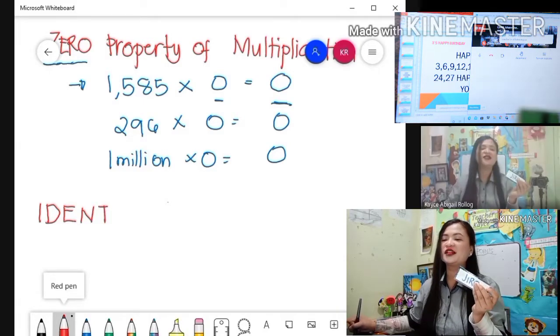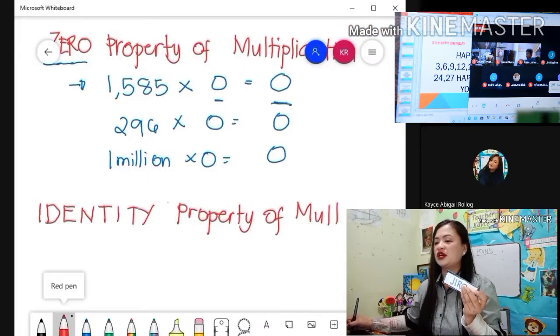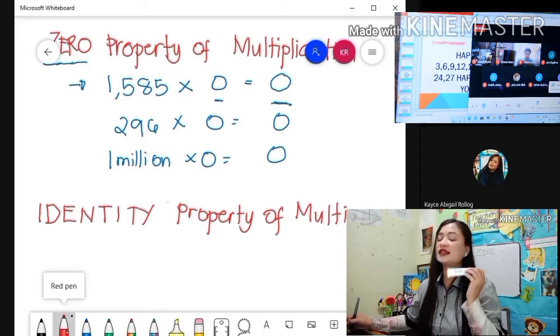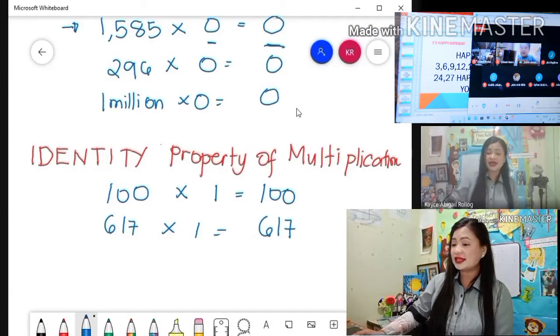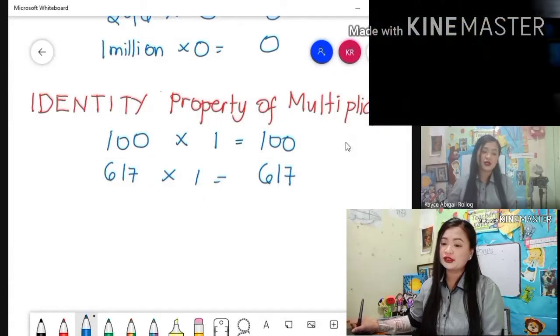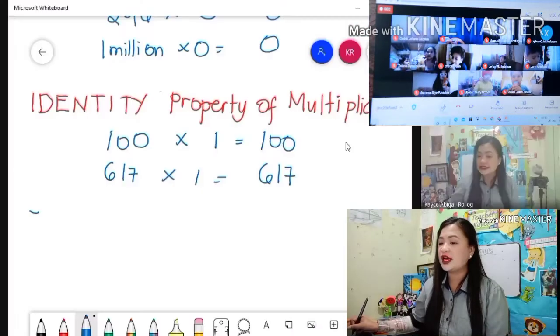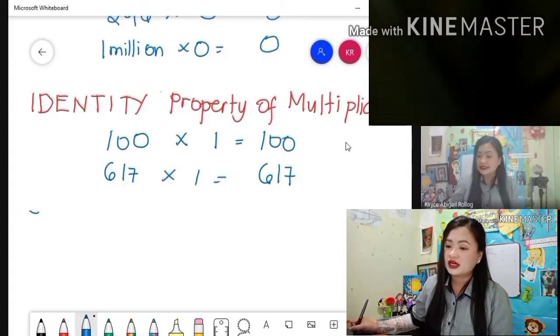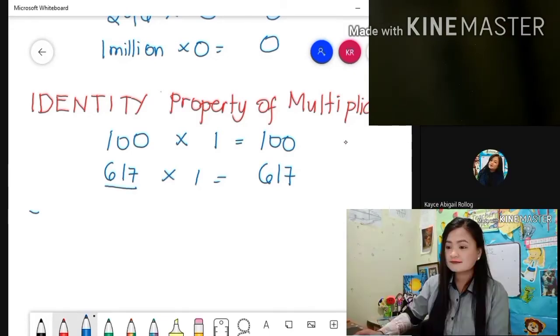You call that one identity property of multiplication. So for identity property of multiplication, any number you multiply by 1, the answer will be the same number as the number you multiply by it.